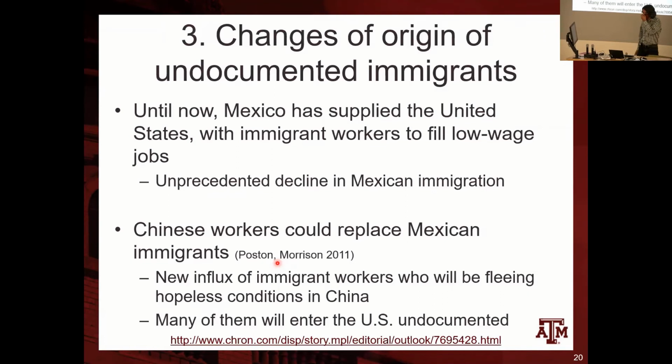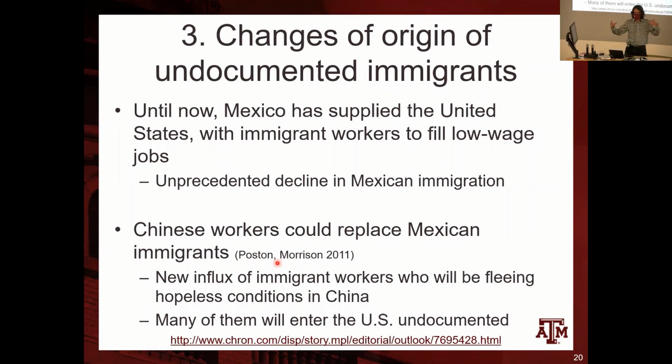And in terms of changes of origin of undocumented immigrants, until now, Mexico has supplied the United States with immigrant workers to take low income jobs. But we have been seeing in more recent years a decline in the overall number of Mexicans moving to the US.